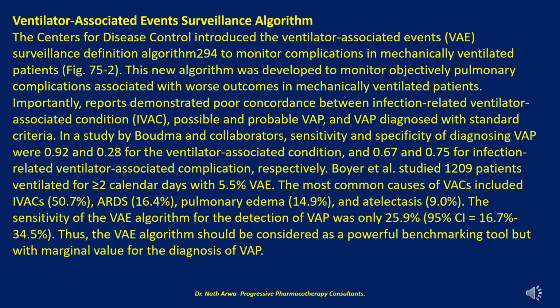In a study by Boudma and collaborators, sensitivity and specificity of diagnosing ventilator-associated pneumonia were 0.92 and 0.28 for the ventilator-associated condition, and 0.67 and 0.75 for infection-related ventilator-associated complication, respectively.